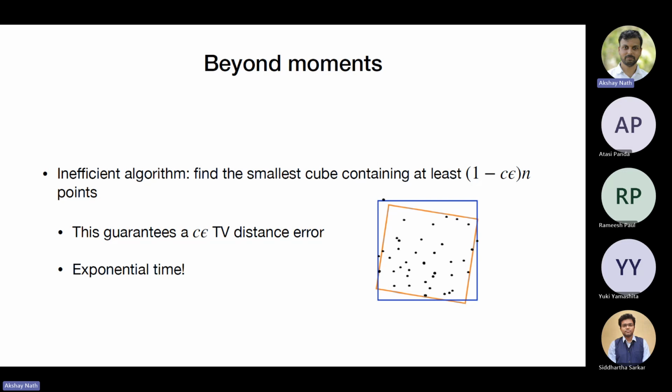That means the TV distance between the cube we find and the true cube is C epsilon, and we also bound the volume because it's the smallest one.